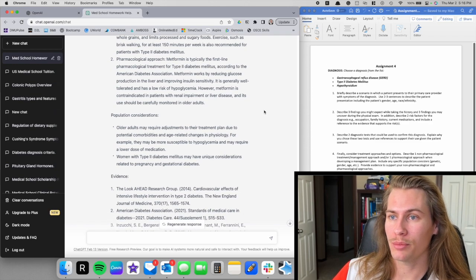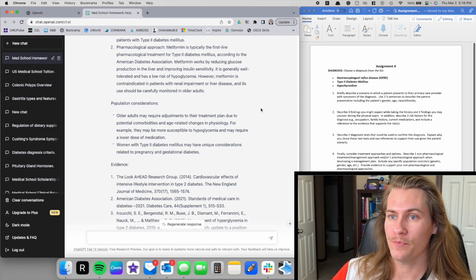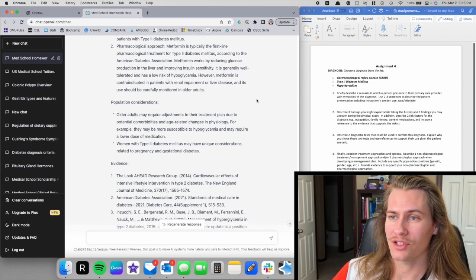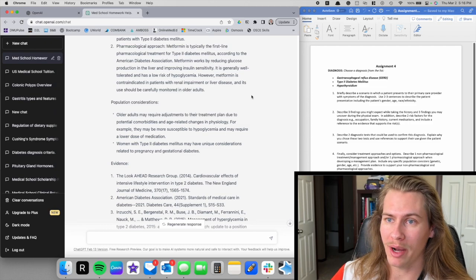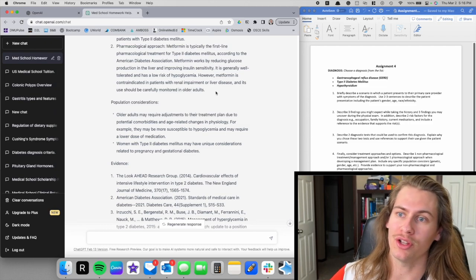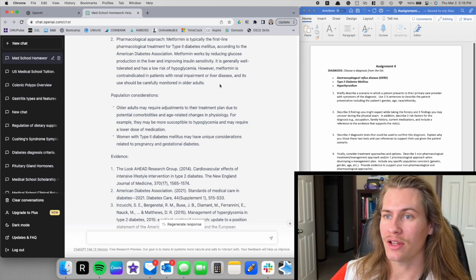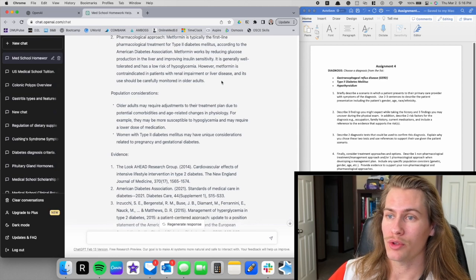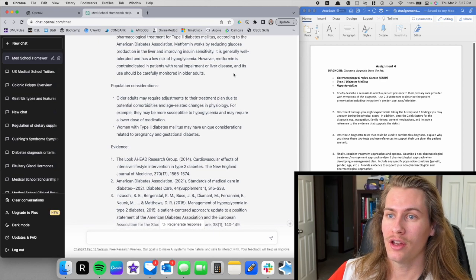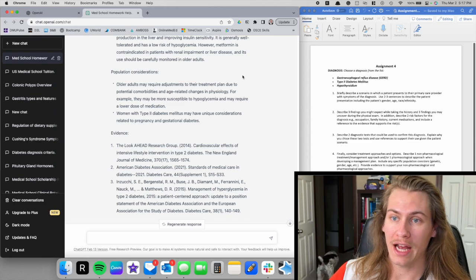And then pharmacological approach, metformin's typically first line, which is accurate. And it even gives us a slight description of how it works by reducing glucose production in the liver and improving insulin sensitivity. It's generally well tolerated and has a low risk of hypoglycemia. However, it's contraindicated in patients with renal impairment or liver disease and should be carefully monitored. So that is correct.